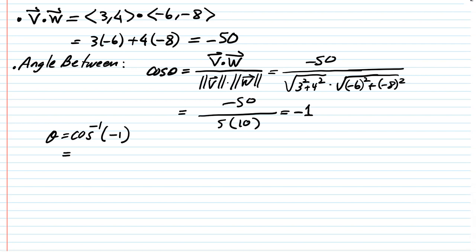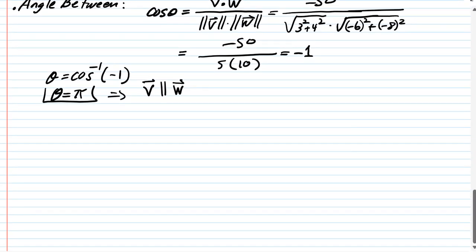And in the 0 to pi range, theta is going to be pi. This is a quadrantal angle, 180 degrees. Therefore, the angle between them is pi, which tells me that v is parallel to w. They're parallel to each other.